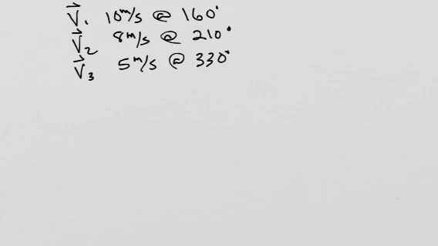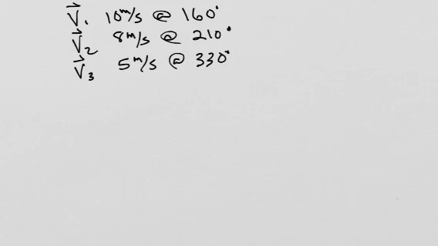Now, I'm going to write out the formula, and then I'm going to give you some time. I want you to pause the video after we've written out the formulas, and find your x and your y components for each of these vectors.